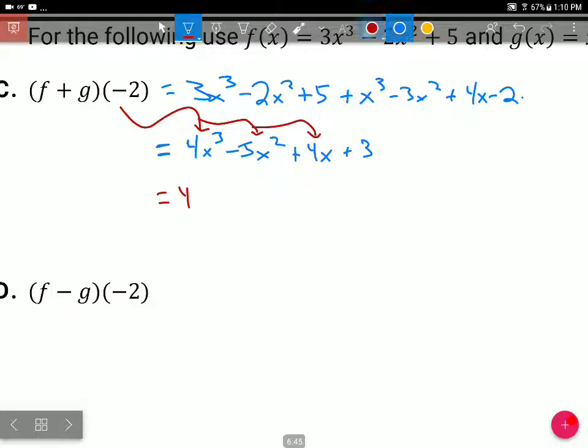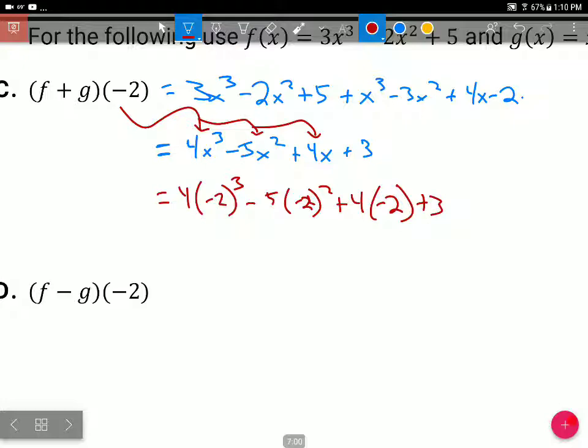All right, here we go. So you're absolutely right. So that's 4 times negative 2 cubed minus 5 times negative 2 squared plus 4 times negative 2 plus 3. Okay, so what's 2 times 2 times 2? Positive 8, but it's a negative, so it's negative 8.